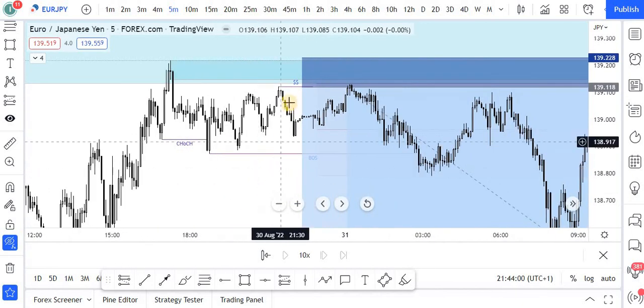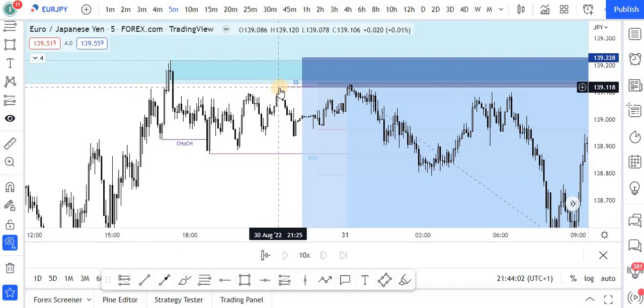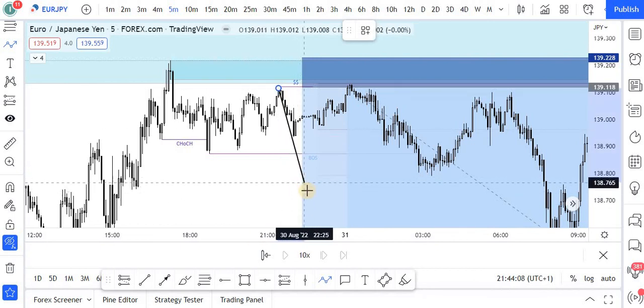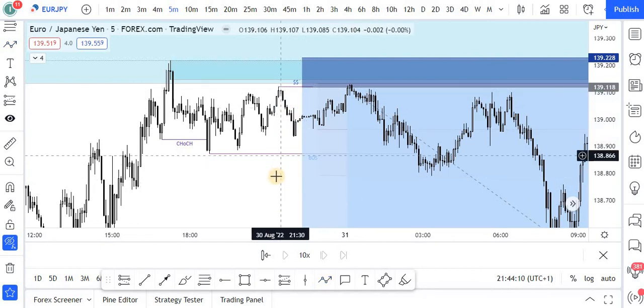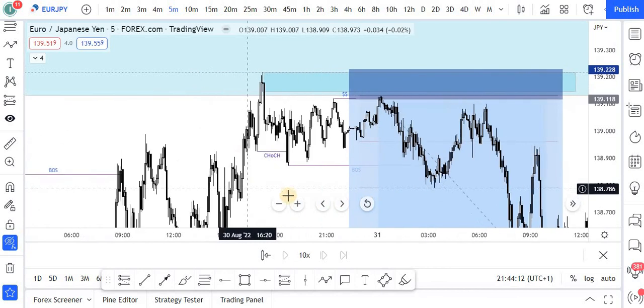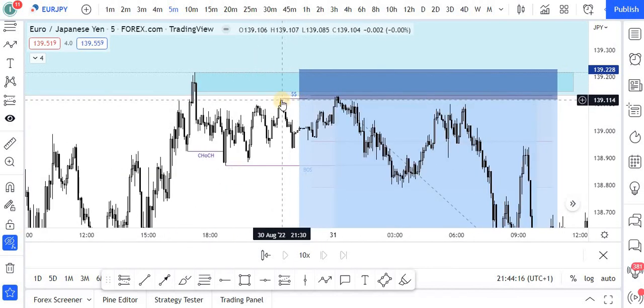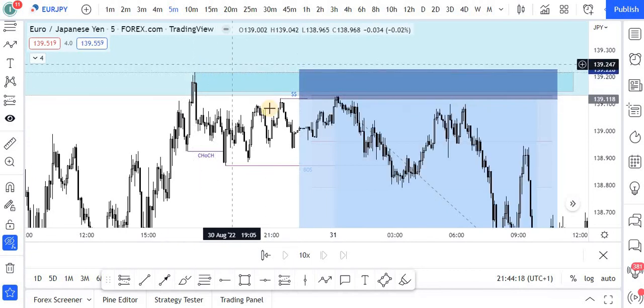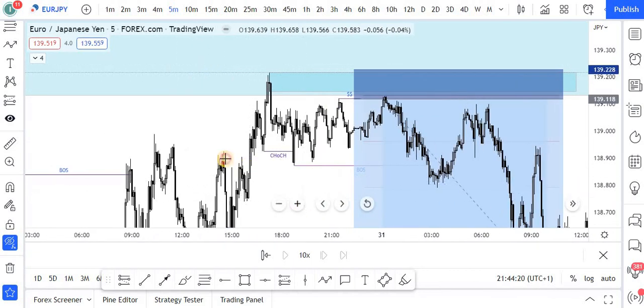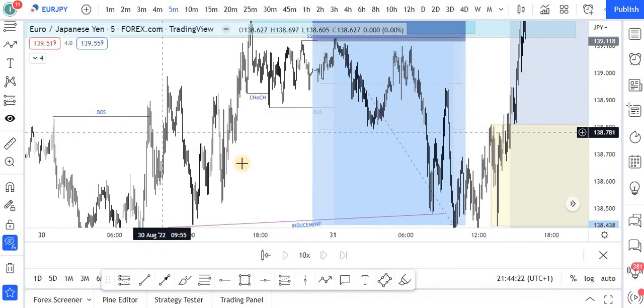Equally, this high was a weak high because it never broke structure. Look at this, it never broke structure. So it was a weak high. So the best way you could have entered is just to target this high as your entry, put your stop loss above this other block, and it's going to give you a very nice trade.